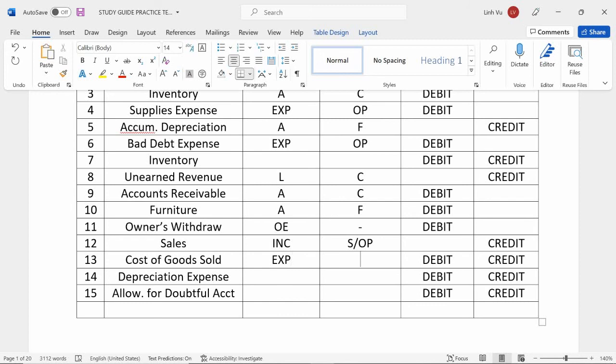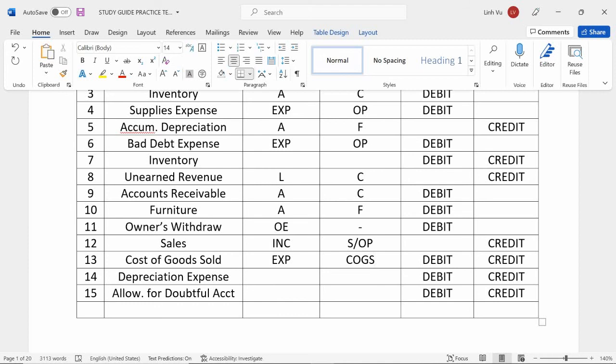Now, what kind of expense would this fall under? Cost of goods sold. That's correct. COGS for short. When we talk about the difference between operating and COGS: operating is anything that deals with just operating the business alone, while cost of goods sold is directly correlated to your sales as well as your inventory.